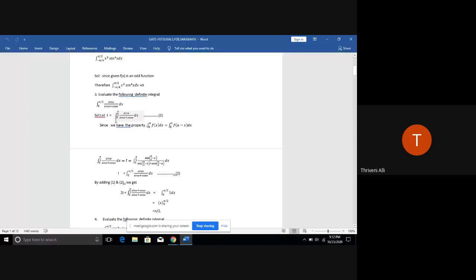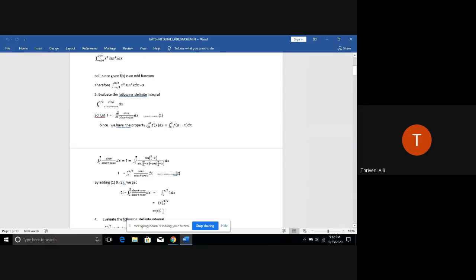By adding equations 1 and 2, we get 2I equals the integral from 0 to pi by 2 of sin x plus cos x by sin x plus cos x dx. By cancelling, we get the integral from 0 to pi by 2 of 1 dx. The integral of 1 dx is x between the limits 0 to pi by 2, so this is pi by 2.